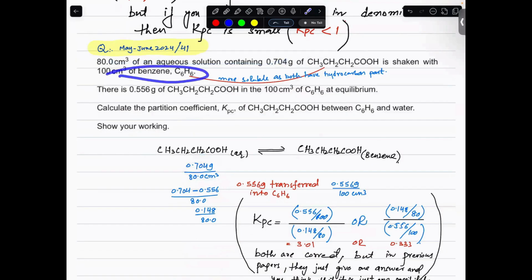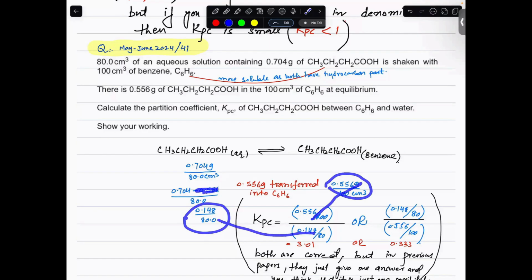Then benzene is added. In benzene, how much is transferred? This much. So how much is left? 0.704 minus this. So this much is left. This much is transferred. So if I keep it here and this down, I get the answer 3.01.